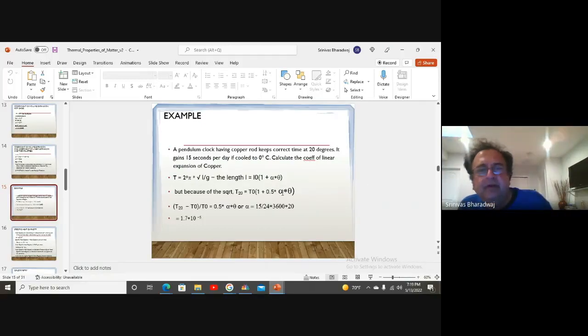So what they are saying is that corresponding to a 20-degree change, what is going to happen to the square root of L? The square root of L introduces this other 0.5 term. So delta theta, you can do it any which way you want.